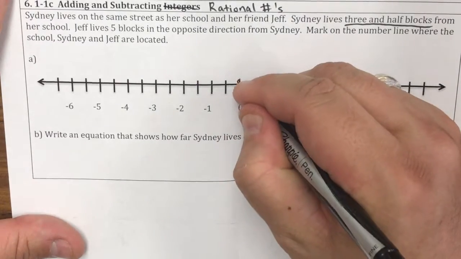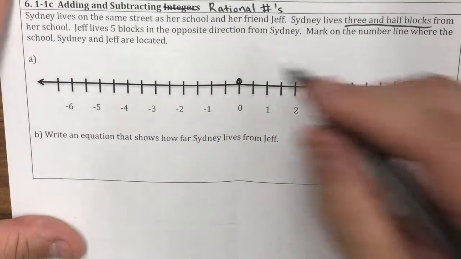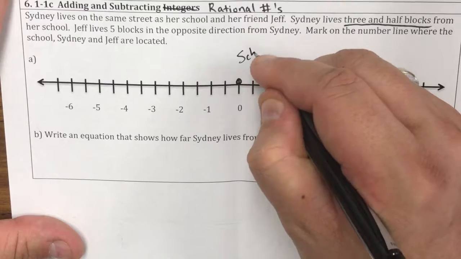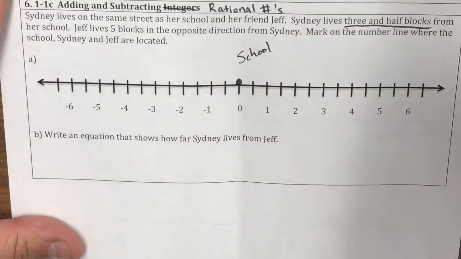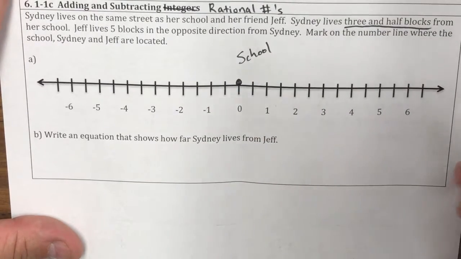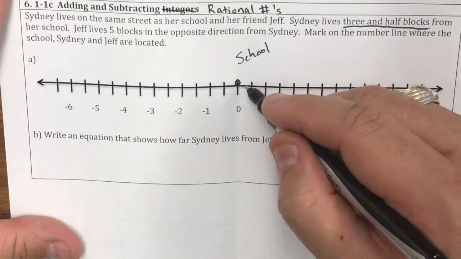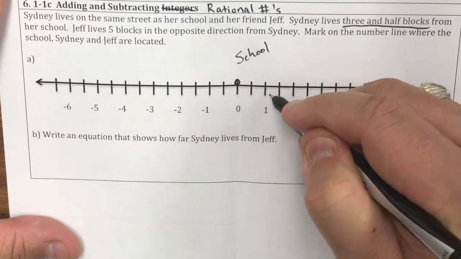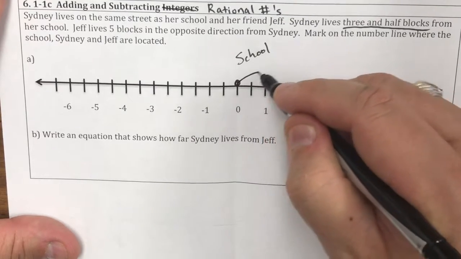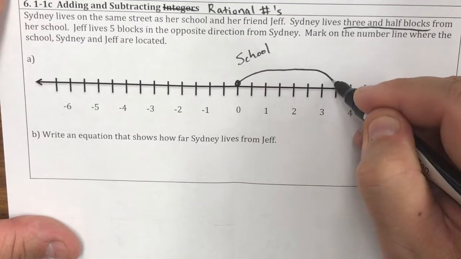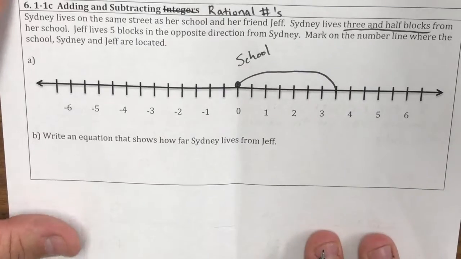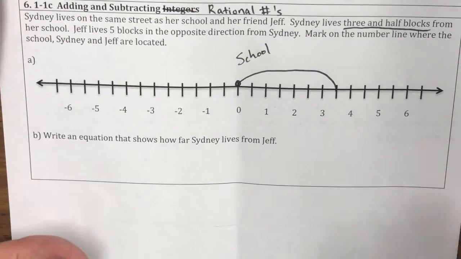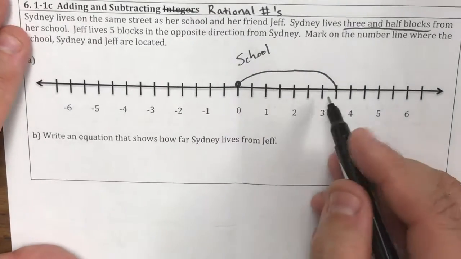Well, again, the school's at 0. It says Sydney lives 3.5 blocks from school. So you'll notice we've got 0 and a half and then 1. So I need to go past 3 to 3.5. And I've got to go back 5 blocks.